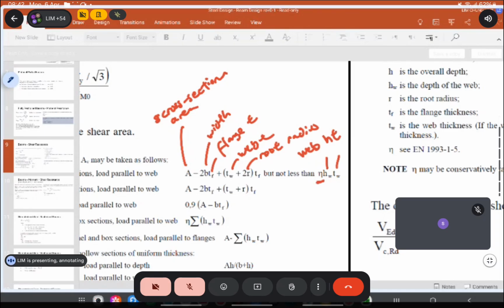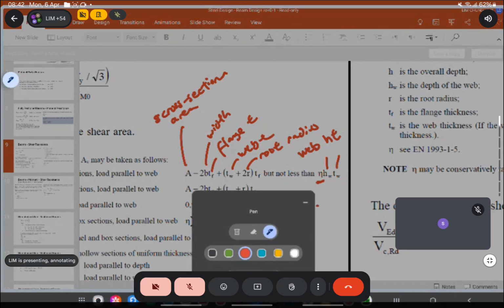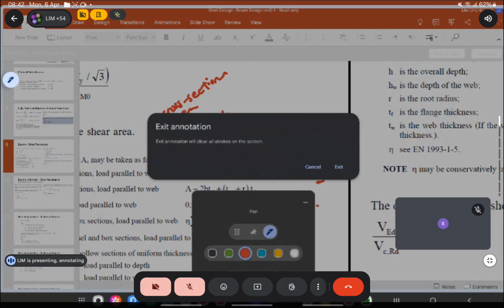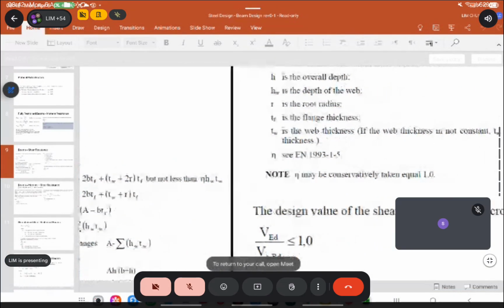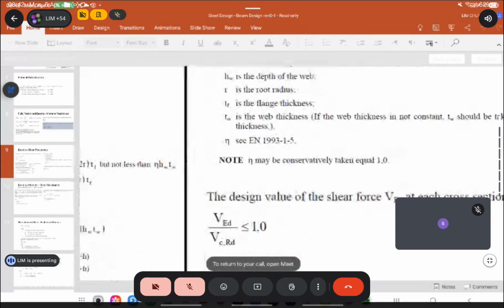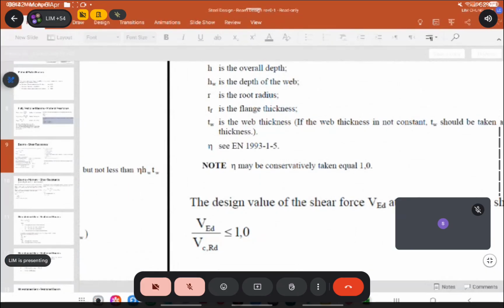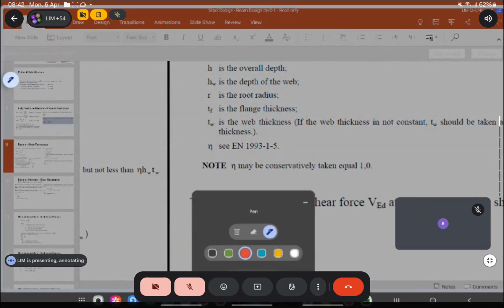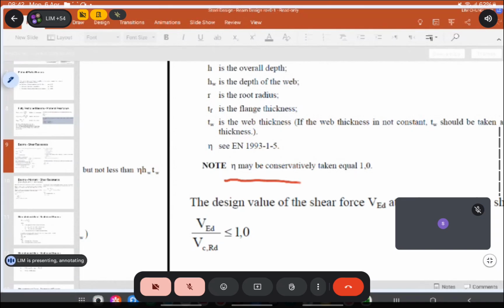Now, this N thing, we don't know. It's the only thing that we don't know, but there's a note there. It says, N may conservatively be taken as 1 as well. So very simple. Everything that you don't know, you just take as 1.